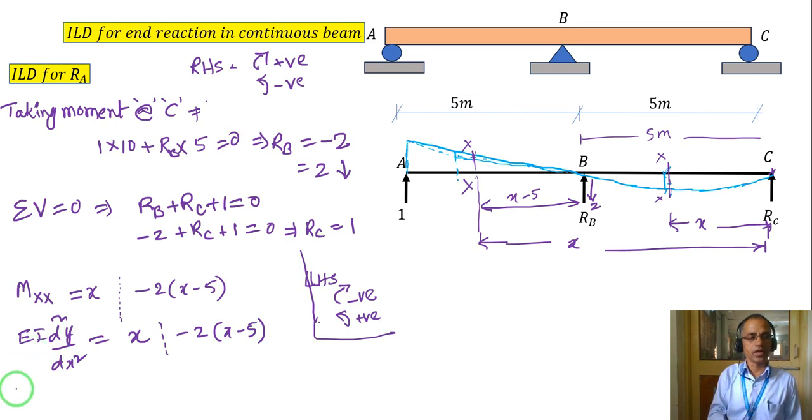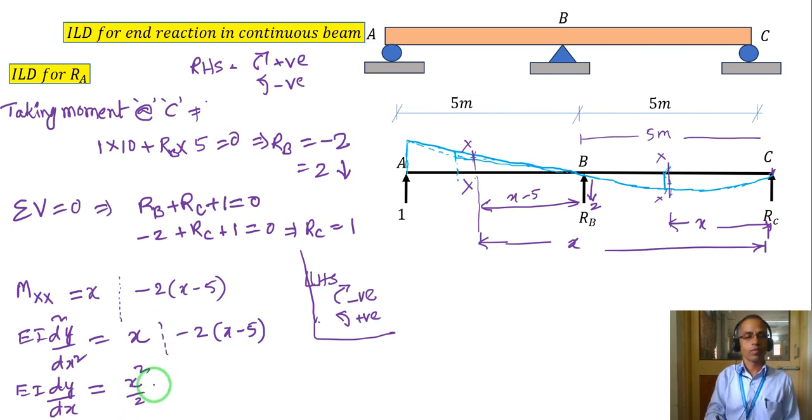Now integrating, I get EI dy by dx is equal to x square by 2 plus C1, one constant. Either you can add it to the first term or the second term, it doesn't matter. This will be minus 2 times x minus 5 whole square by 2. Right?